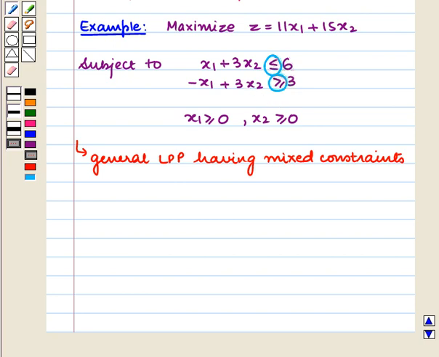So now, this is a maximization problem, so all constraints must be of less than equal to type.